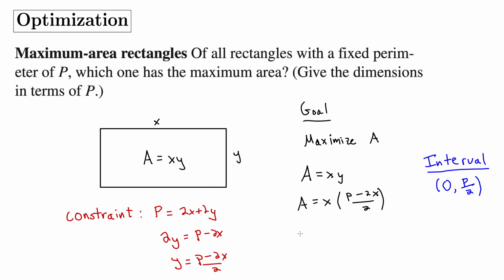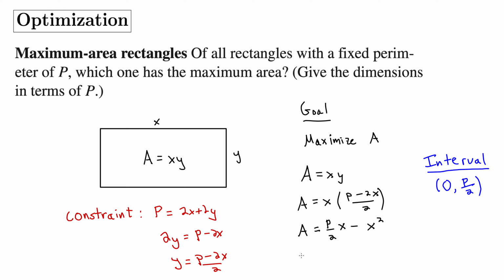We have our area function here, and we want to take the derivative of that. But first I'm going to fix it up a little bit to make it easier to take the derivative without having to use the product rule. What if I wrote this as, how about this? I'm just going to do a little bit of algebra. P over 2 x minus x squared. Right? I'm just messing with the algebra just a little bit to get it into a nice differentiable form.